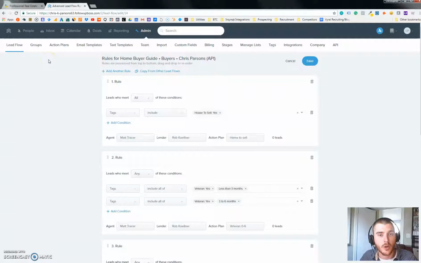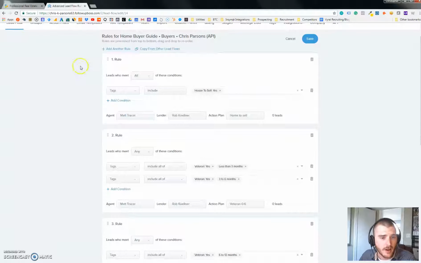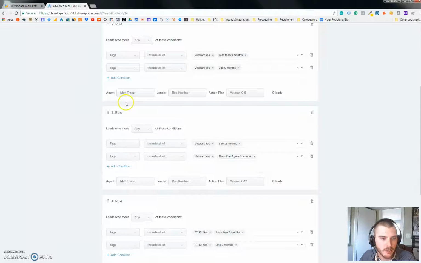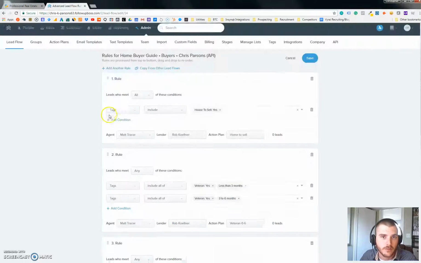Our website has only one lead rule because we're not given that much information from the website. The best we have is price, and you can only do this with tags. What we're seeing here is rules, and these are in order of which one applies first.